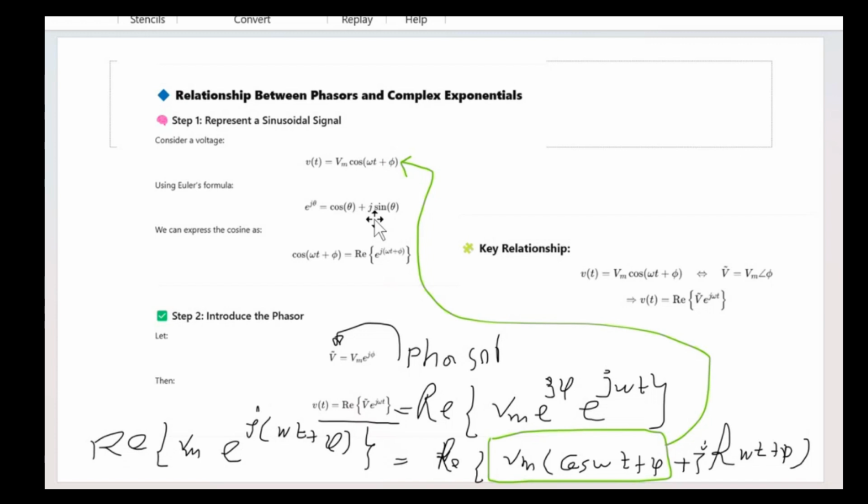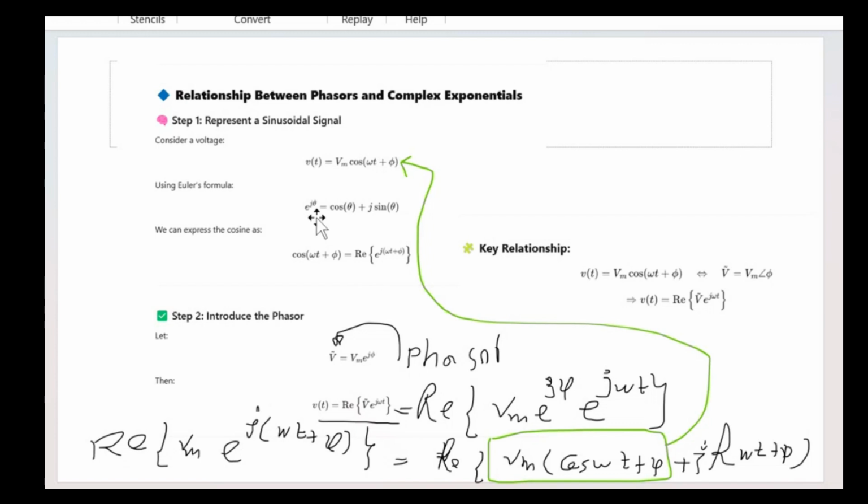When in the next presentation I talk about phasors, you will see it is in fact very beneficial to convert the time domain function cosine of omega t plus phi to the complex exponential and use the concept of phasor. It's going to simplify analysis of AC circuits by avoiding differential equations and letting us just use algebraic equations. So be aware that the other presentation is coming up soon.